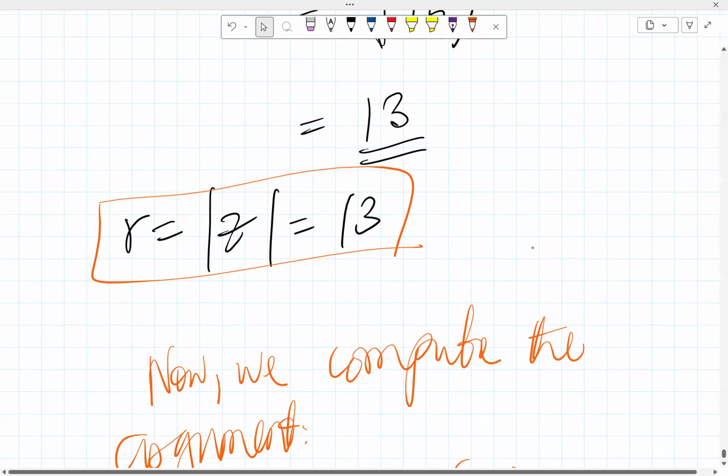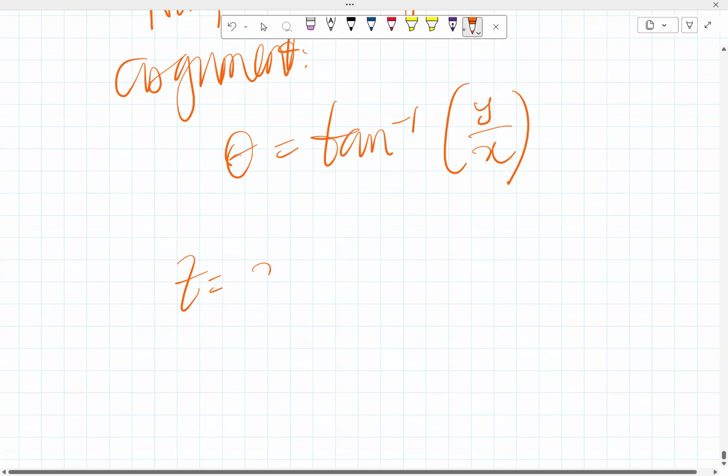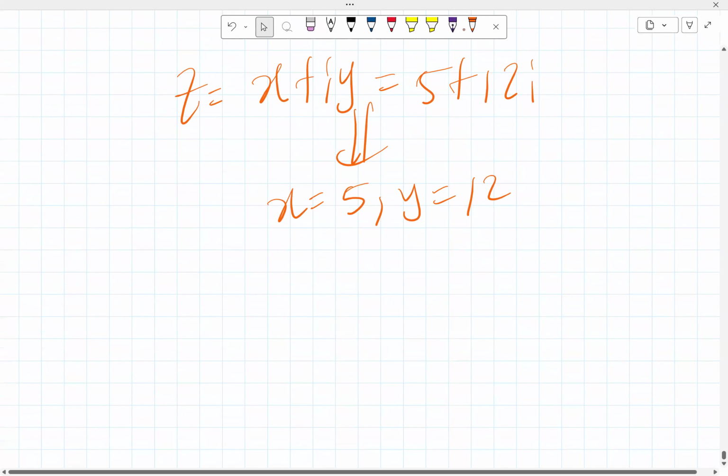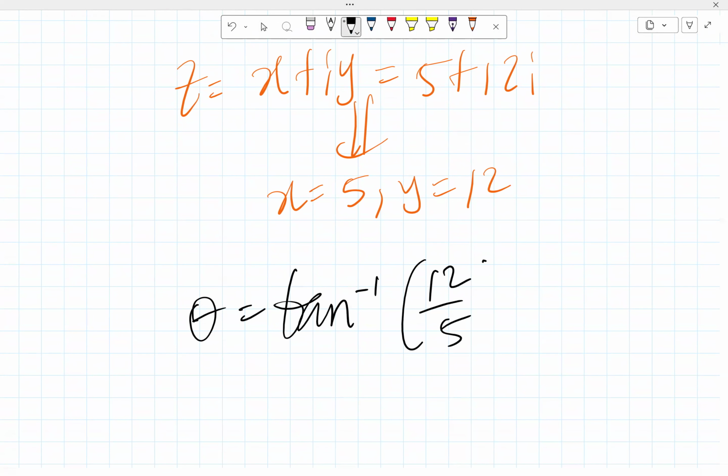Here z is x plus iy, and that is 5 plus 12i in this case. So x is equal to 5 and y is equal to 12. So theta is equal to arctan of y, which is 12, over x, which is 5.